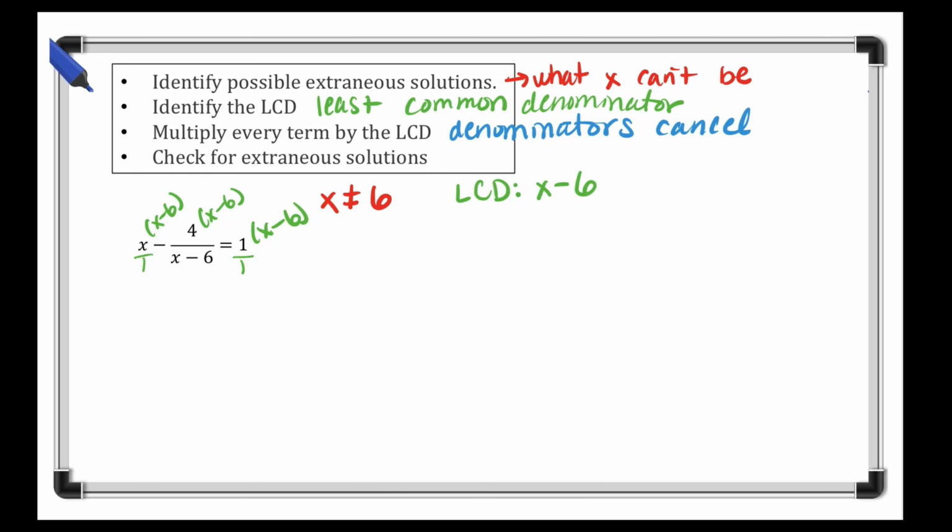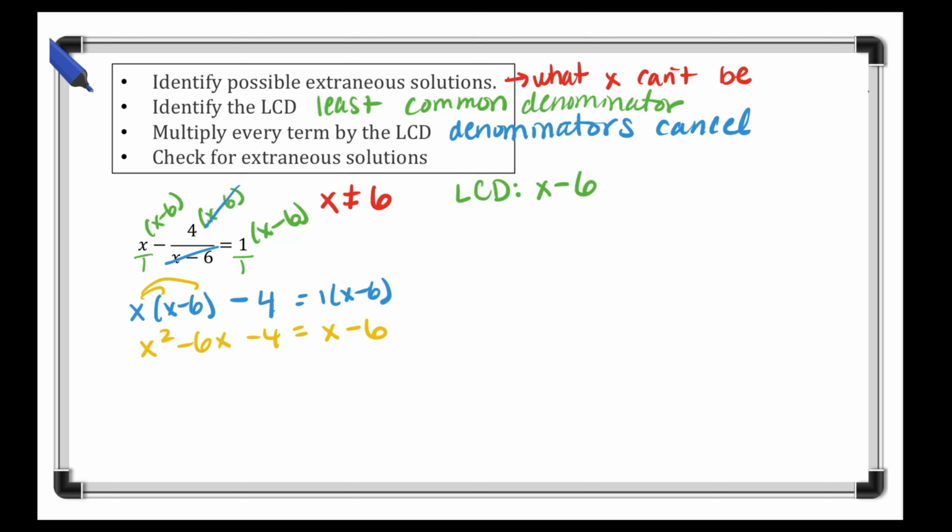Okay, so now we're going to go ahead and see what cancels. So this x minus 6 cancels. So let's multiply x times x minus 6 minus 4 is equal to 1 times x minus 6. Now you're going to go ahead and solve. So we're going to distribute first. x squared minus 6x minus 4 is equal to x minus 6.